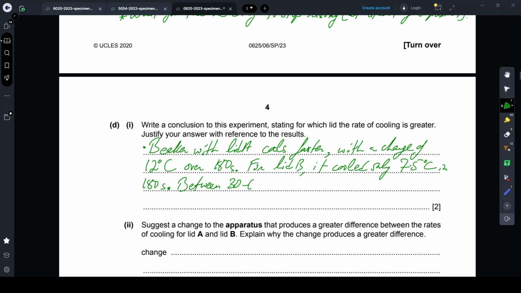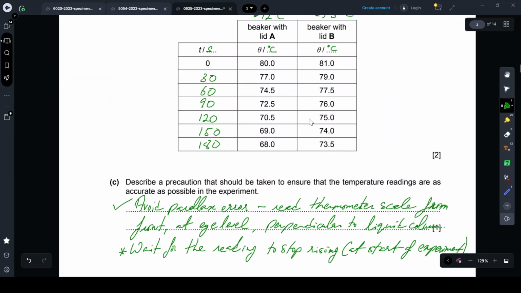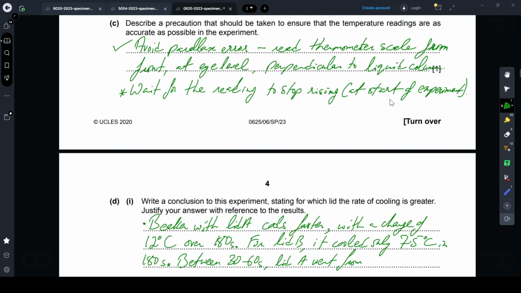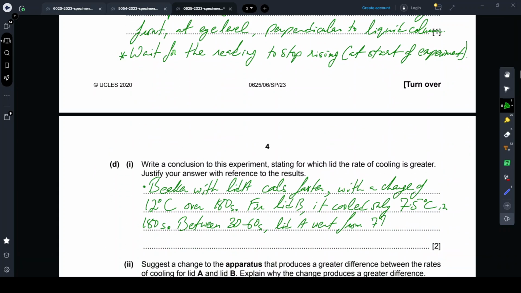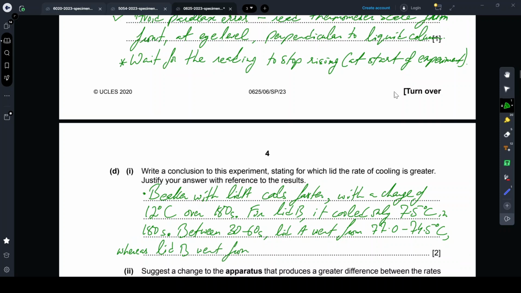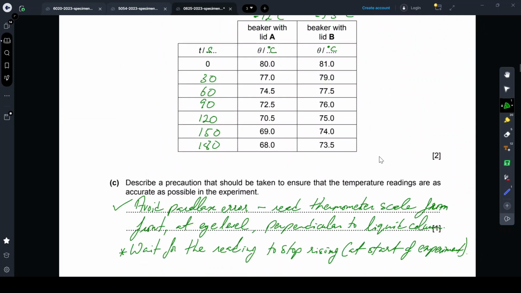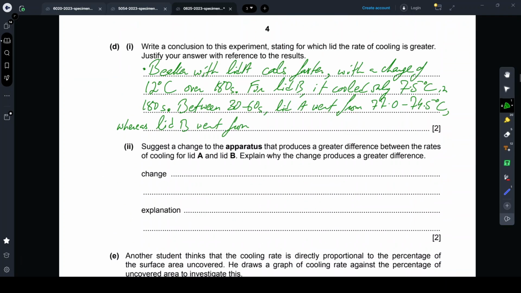Between 30 to 60 seconds, lid A went from 77 to 74.5, whereas lid B went from 79 to 77.5, and you get your marks.